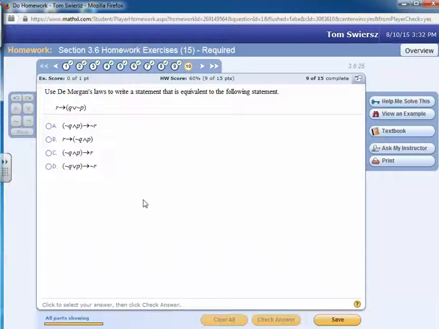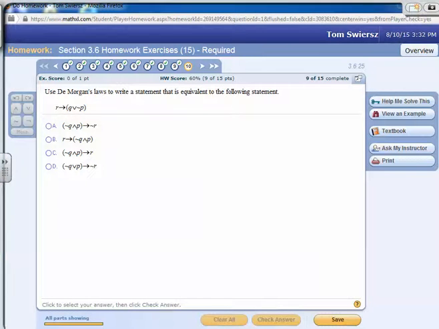Okay. Use De Morgan's laws to write a statement that is equivalent to the following statement. All right, this one's a little bit more difficult.